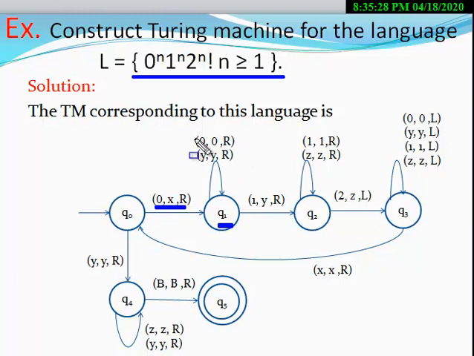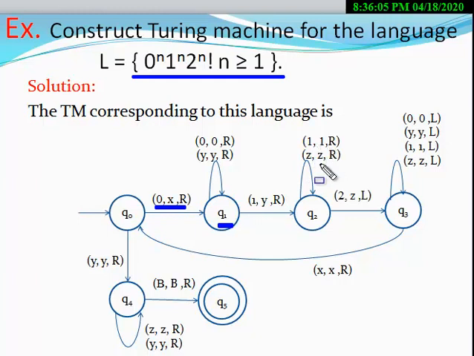At state Q1, when 0 or Y appears, the machine only moves in the right direction. When at state Q1 1 appears, 1 is replaced by Y, the state changes from Q1 to Q2, and the machine moves in the right direction. At state Q2, the machine moves in the right direction when tape symbol 1 or 0 appears.